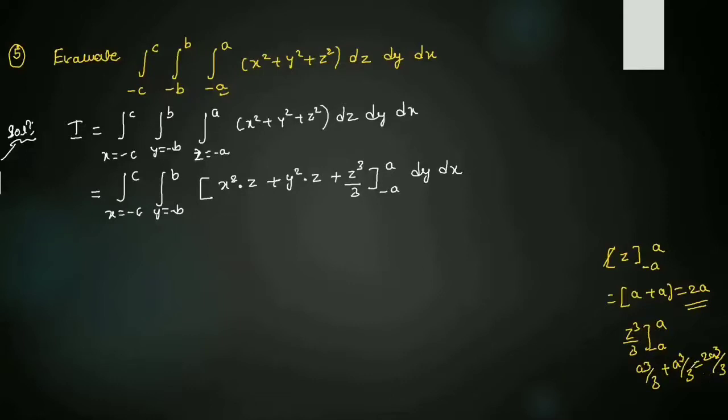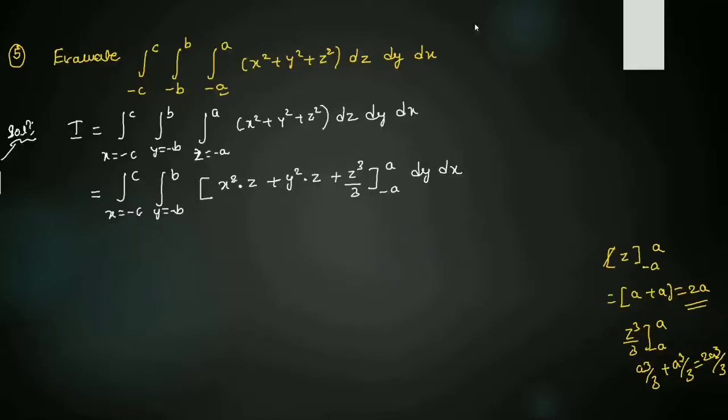Is this correct? Here also, if I substitute z from minus a to a, 2a. Here also 2a. Here it will be 2a cube by 3. Please try to understand. We need to substitute a and minus a in place of z. If you substitute a, you get a, and if I substitute minus a, it becomes plus a. So it is 2a.